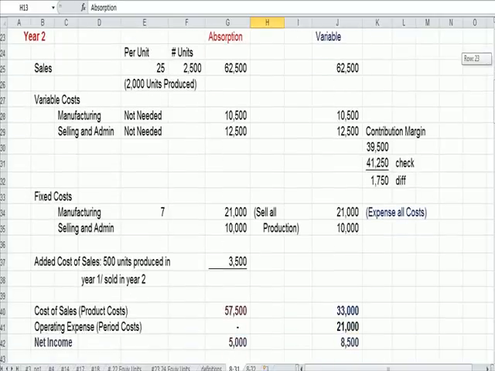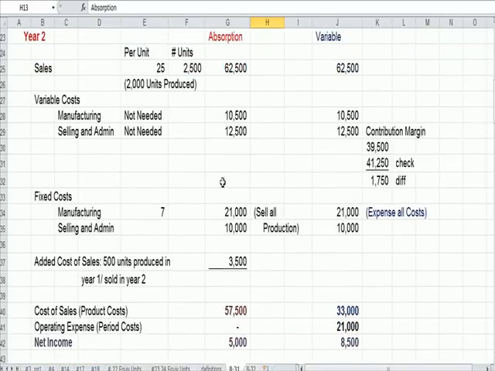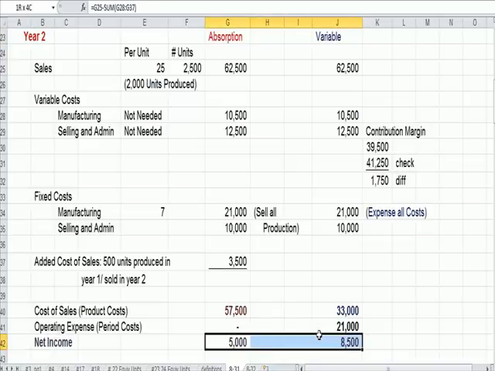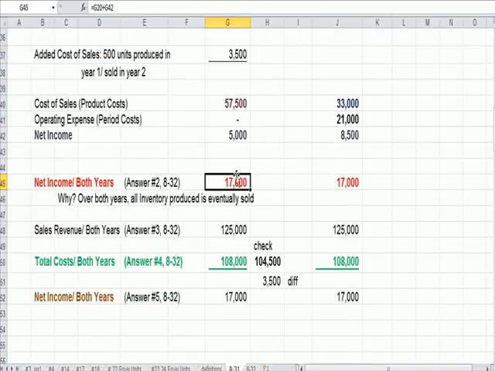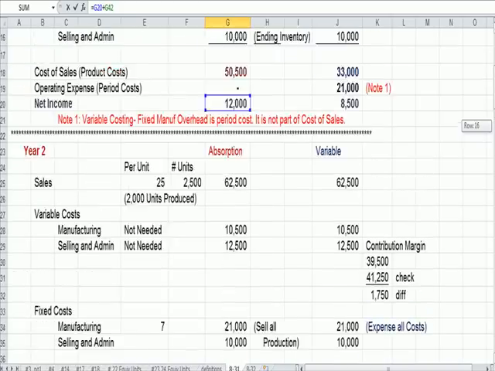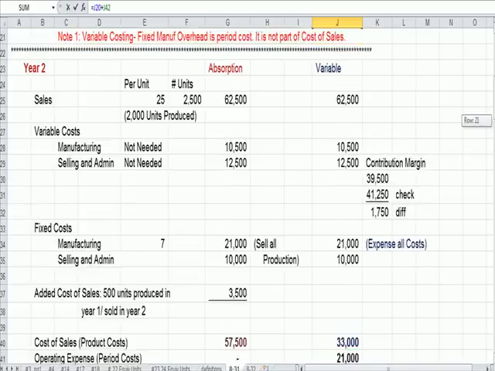In year two, I can get it all on the same screen here, absorption costing had net income of $3,500 less because we had the additional cost of sales from the units in ending inventory that are now sold in year two. But look what happens in total. Income from both years under absorption is 17,000 and under variable is 17,000. They're the same.